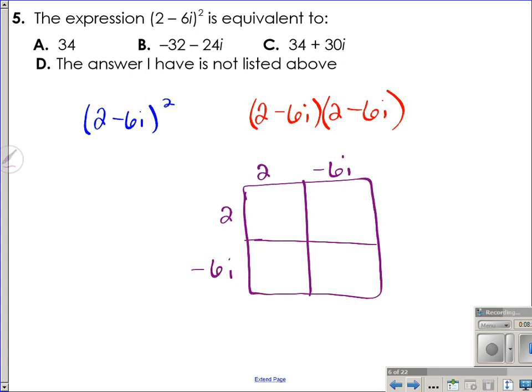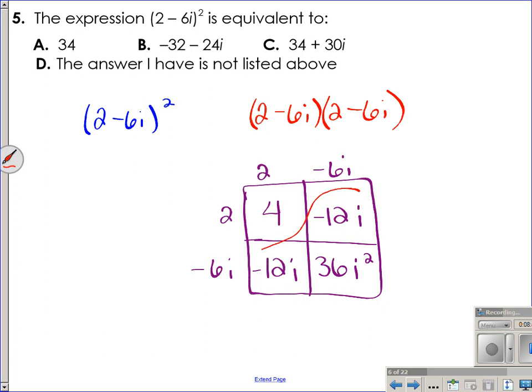So I have 2 times 2 is 4. 2 times negative 6i is negative 12i. 2 times negative 6i is negative 12i. Negative 6i times negative 6i is positive 36i squared. So we need to combine like terms.